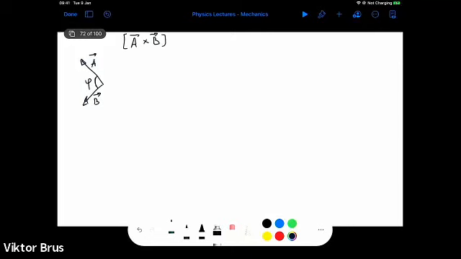Usually it's written like this. It will be some vector C. You see already the difference between the dot product of two vectors, when we get a scalar number, and the cross product of two vectors, where we end up with a vector.